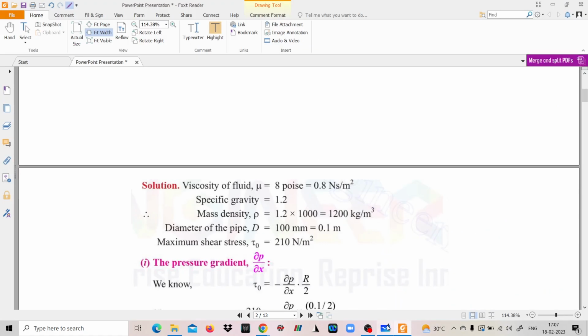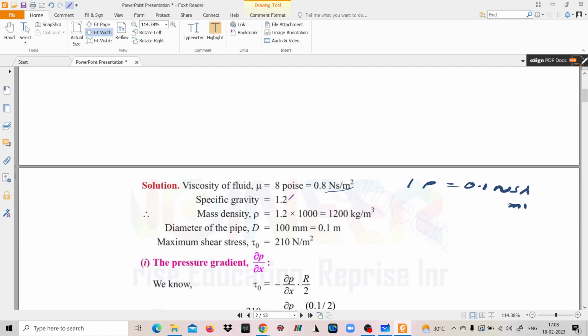So how do you convert this poise to SI unit? 1 poise is equal to 0.1 Newton second per meter square. So if you multiply 8 with 0.1, you will get this in SI unit.